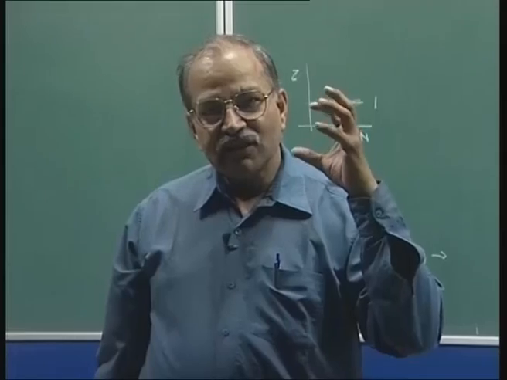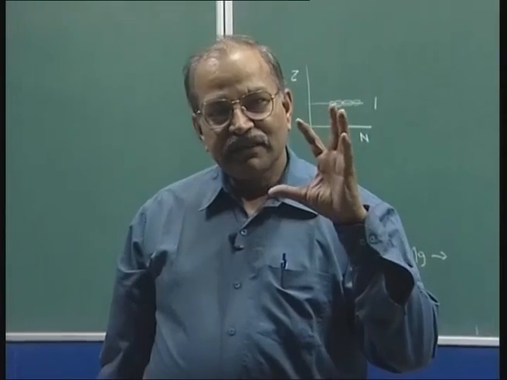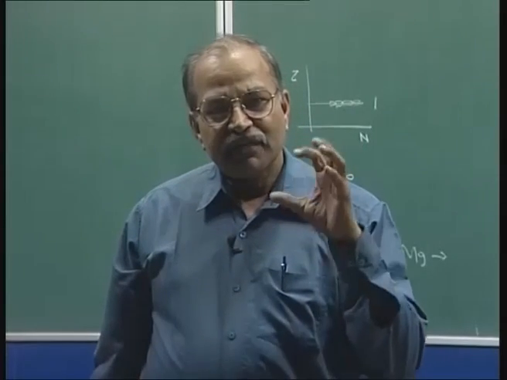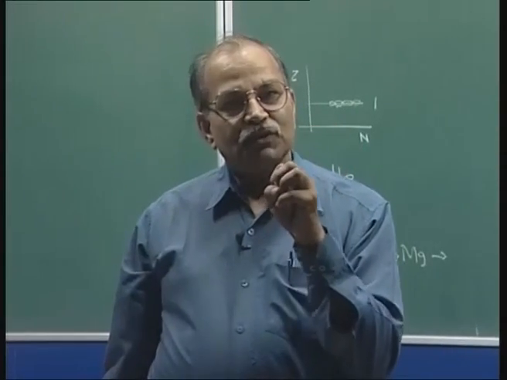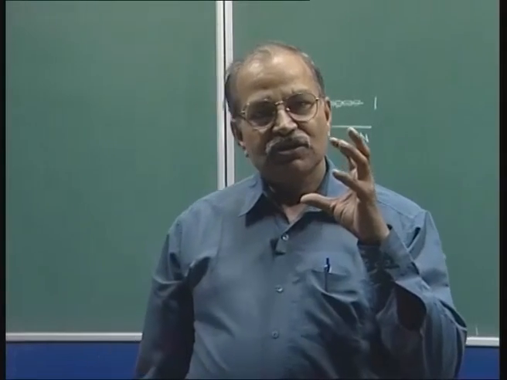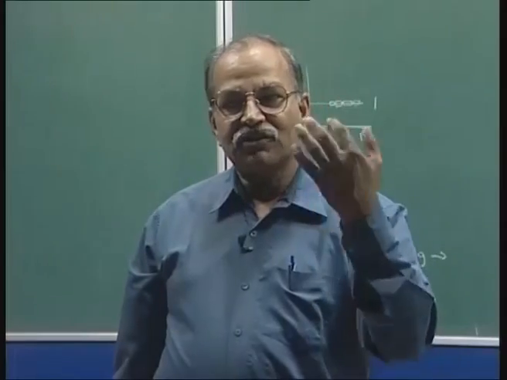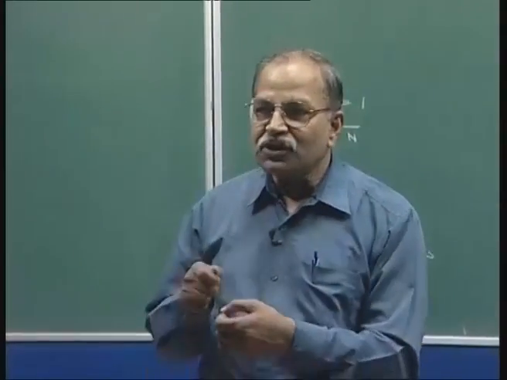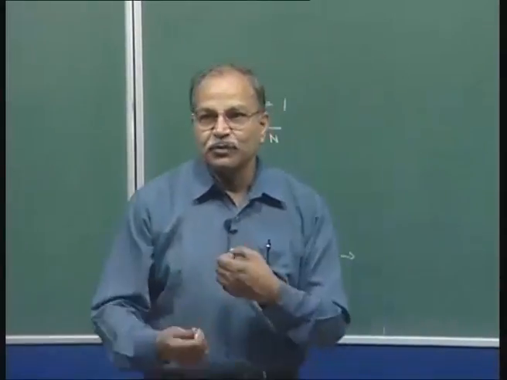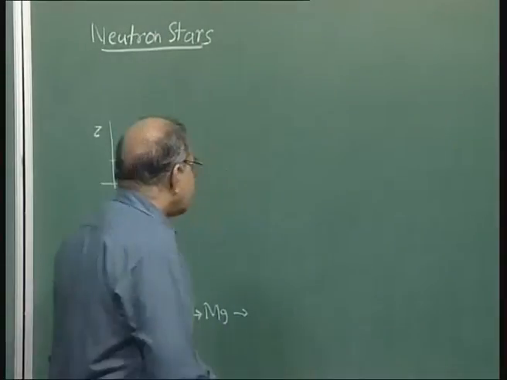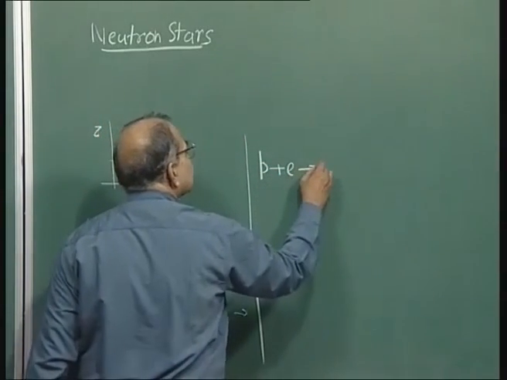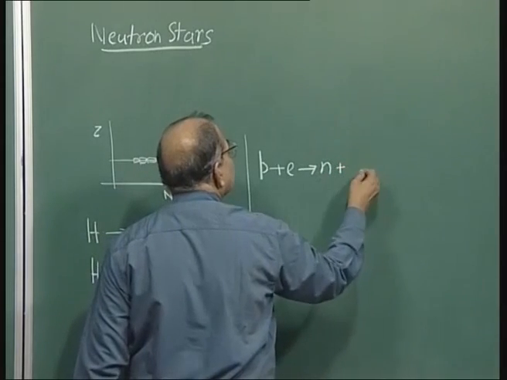But then that dense core which is left, that keeps collapsing, and because of the gravitational attraction, the pressure builds up too high, the density becomes too high, and a stage comes where all those electrons are forced to combine with protons, and then this proton plus electron making neutrons takes place, and most of the protons and electrons become neutron and, as you know, neutrino.